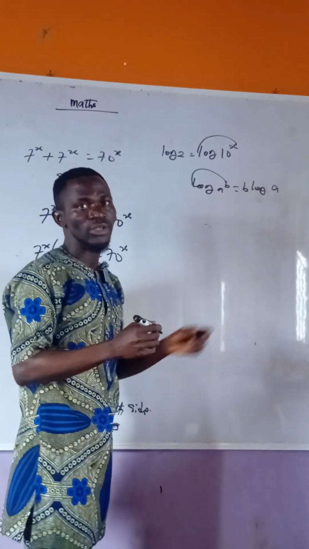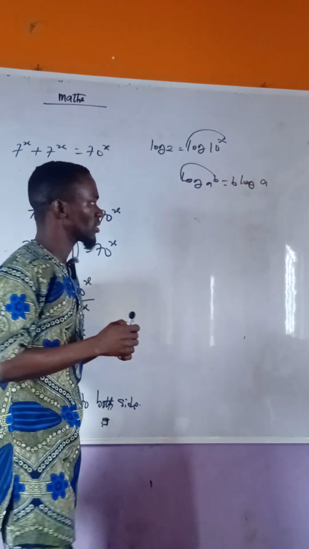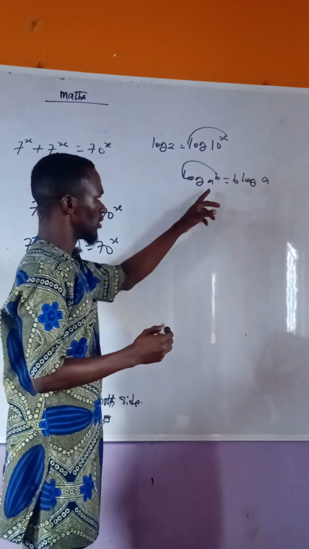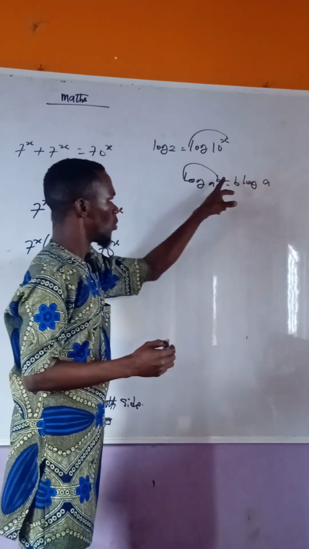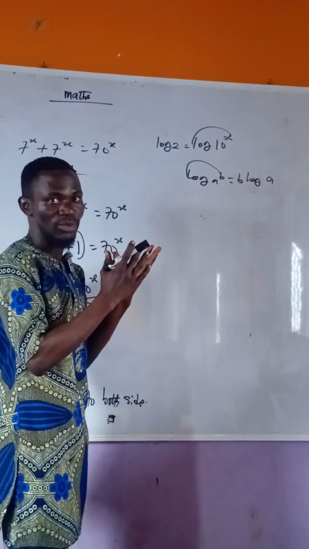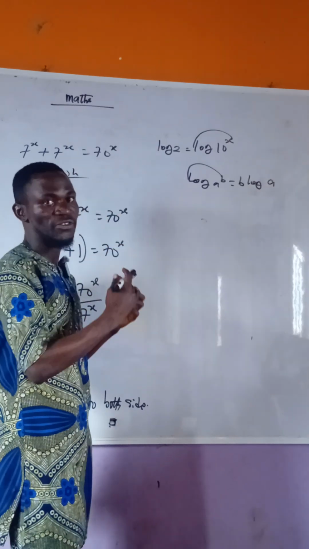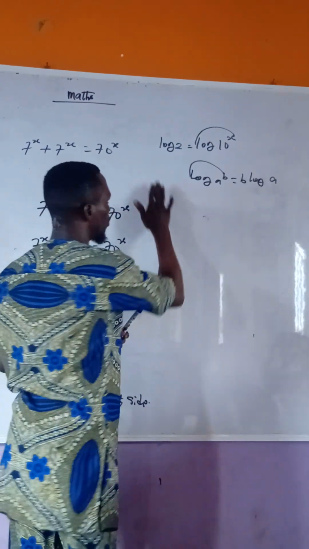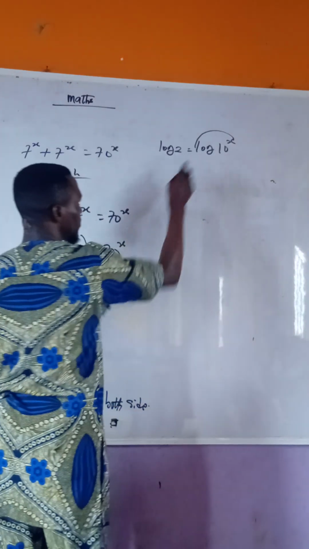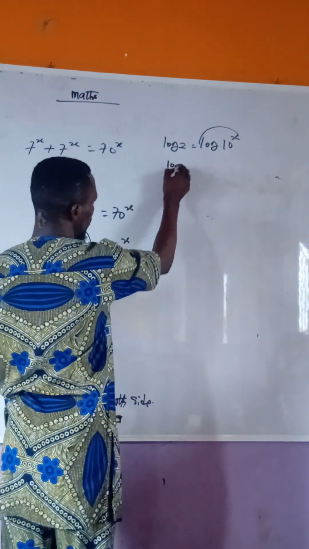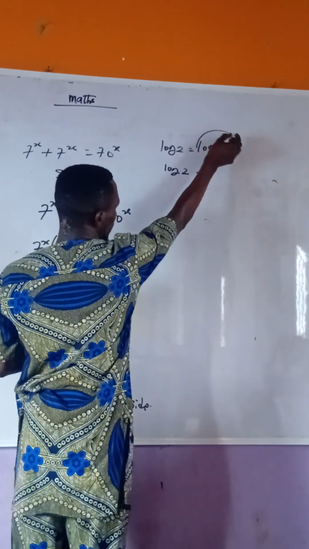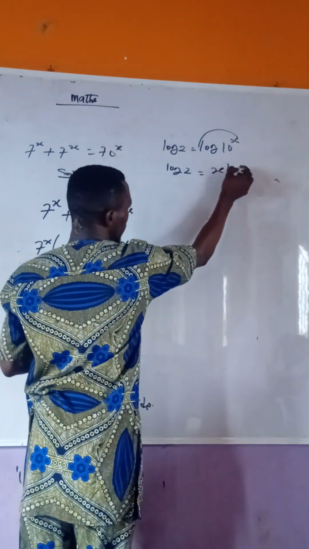This a, we call it the argument, okay? And the b is the exponent, which changes to the coefficient. Are we good now? So that's what I'm going to apply here. So I'm going to have log 2 equals x log 10.